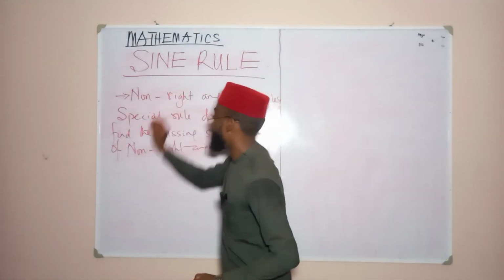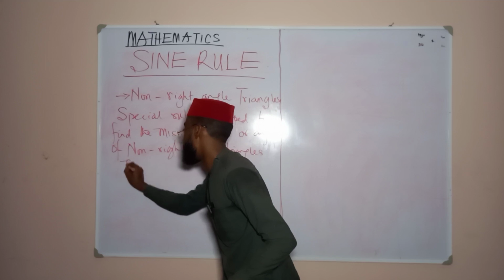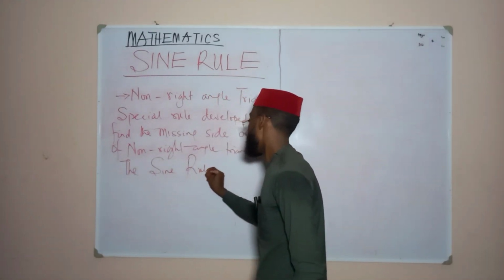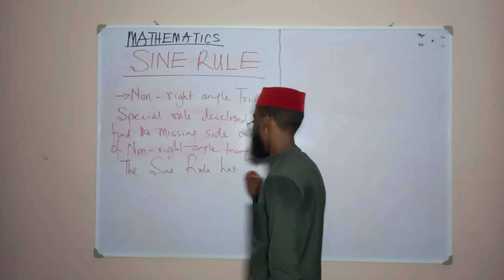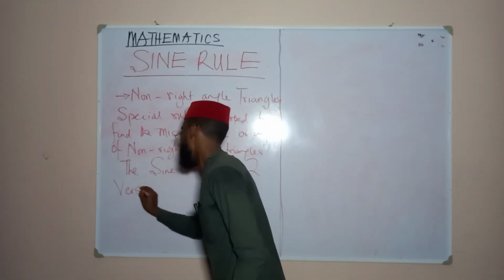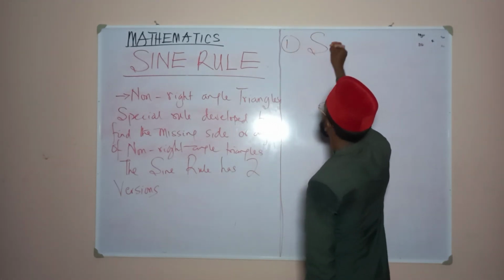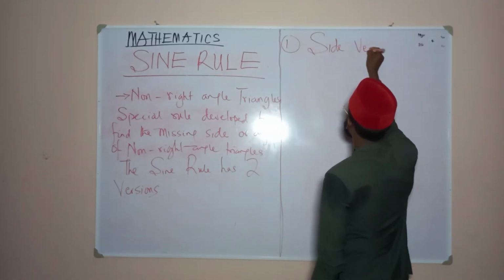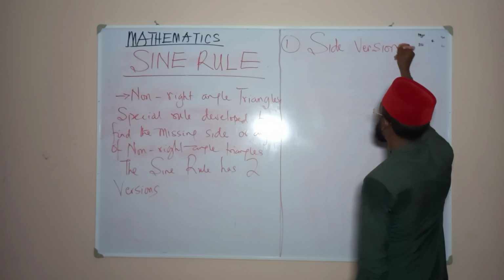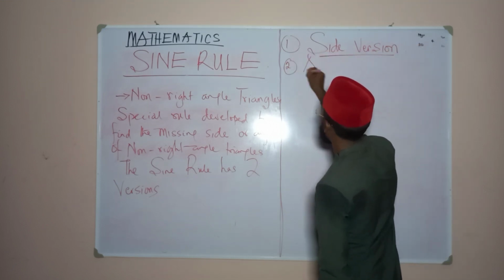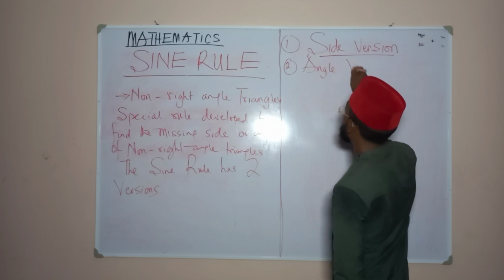The sine rule has two versions, and we're going to consider both today. The first one is called the side version, which we are going to focus on today, and the second one is called the angle version.